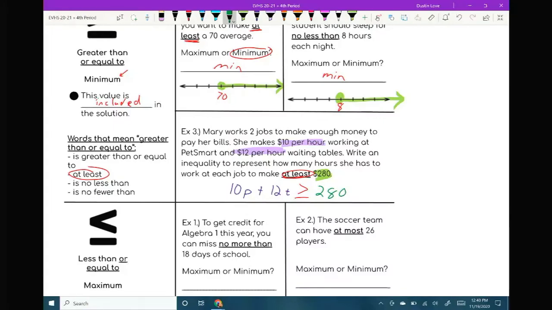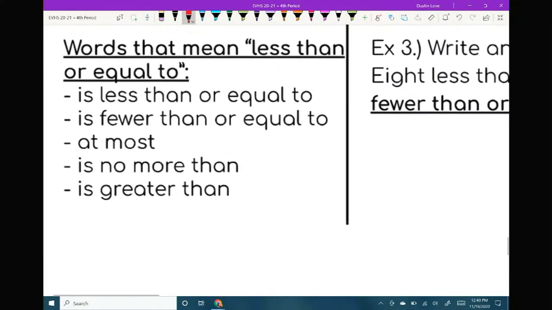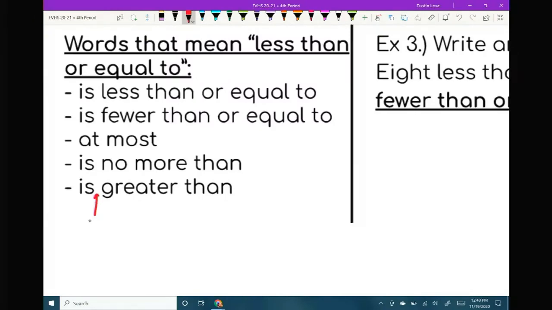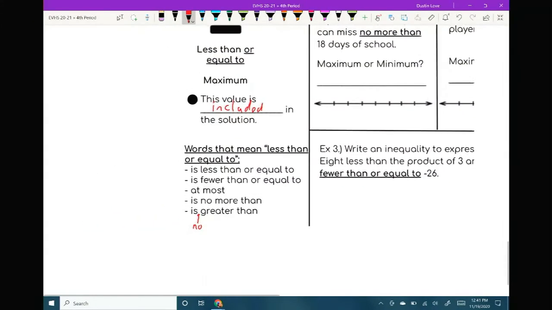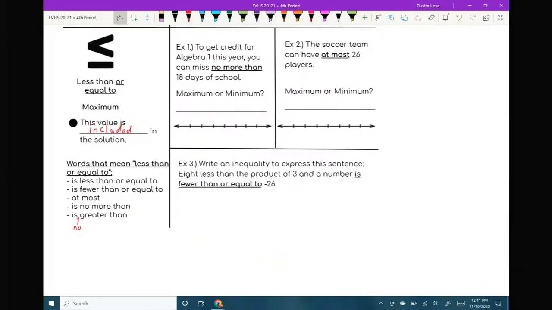Okay, last section. This one is also included. And there's a small typo there. Down here where it says is no more than, the word no should be in there, is no greater than. Okay, to get credit for Algebra 1 this year, you can miss no more than 18 days of school.